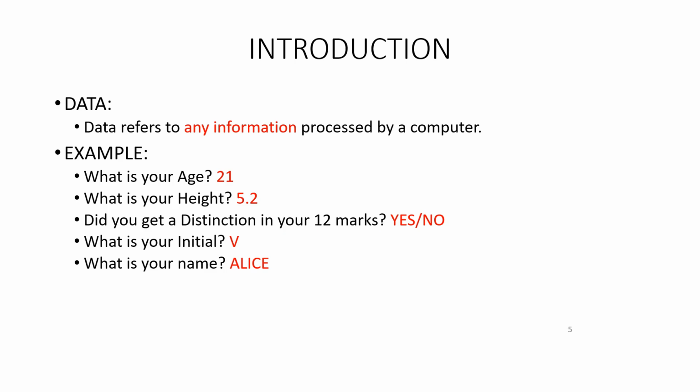Similarly, when we ask whether you got a distinction in your 12th marks, the answer could be yes or no. We can also store alphabetic data such as a person's initial, for example V, or a name such as Alice. So all these values, numbers, characters and words are examples of data because they can be stored, processed, and managed by the computer. In simple terms, data is the building blocks used by a computer to perform various operations.